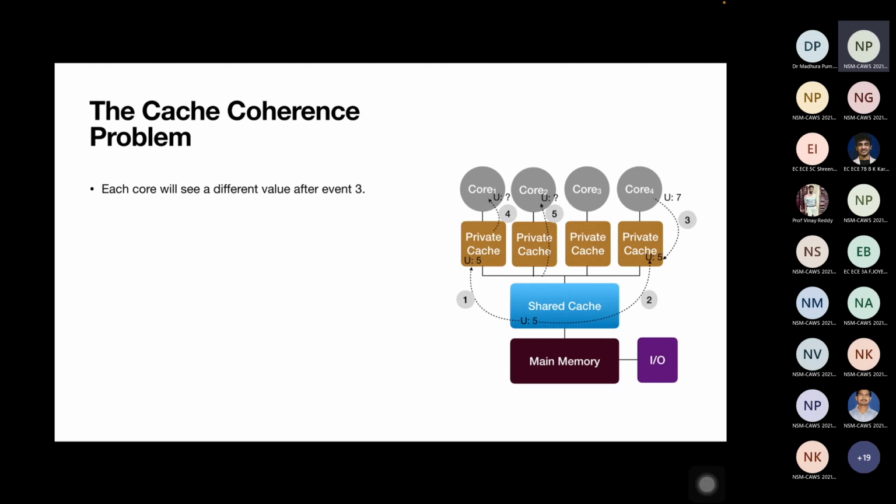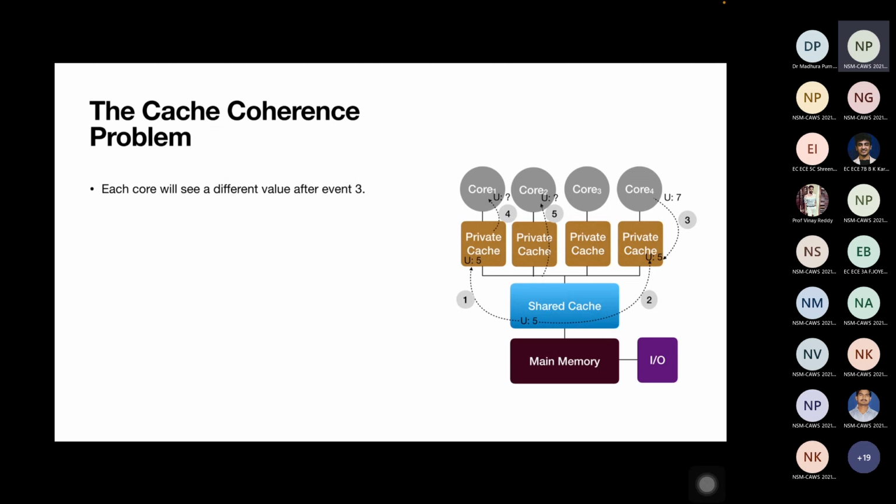So in the write through cache, whenever we update something in the private cache, we are going to update it in the next level also. Now in this case, if you see core 2, if it is a write through cache, what is the value core 2 is going to get for event 5?